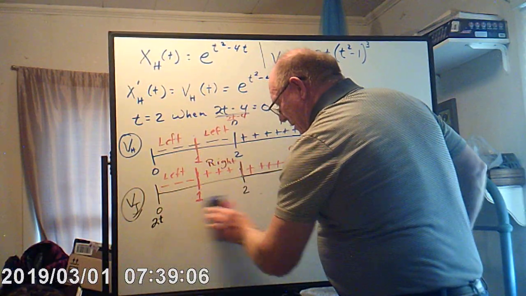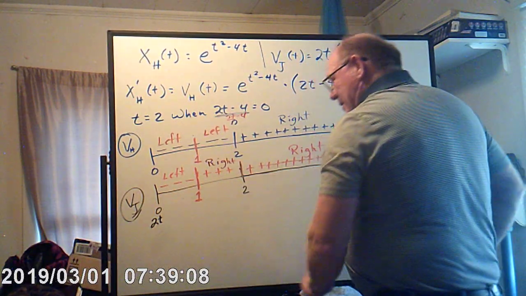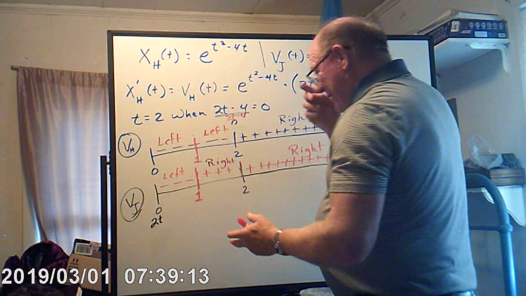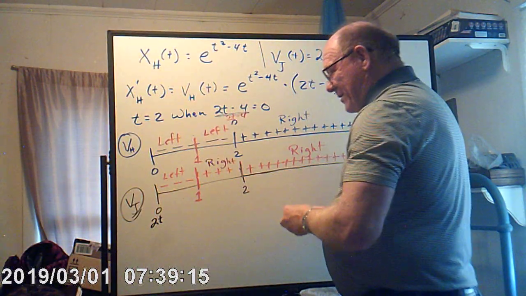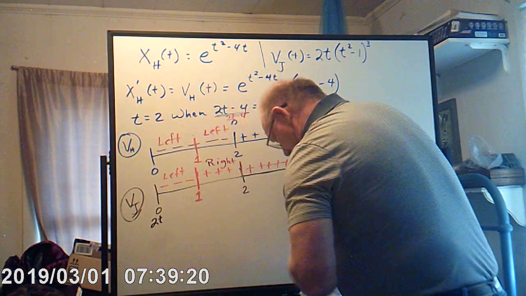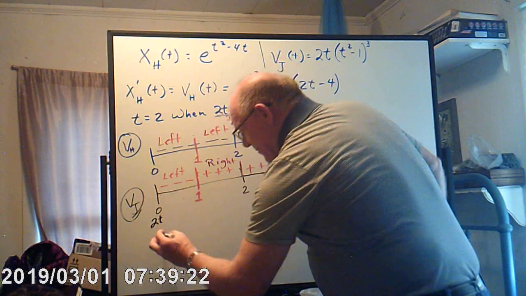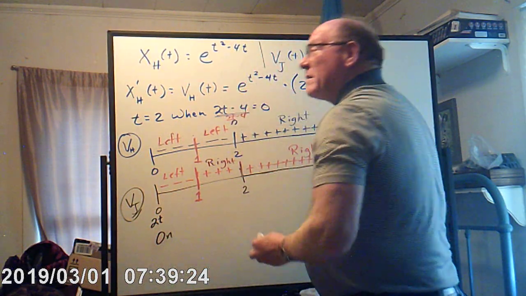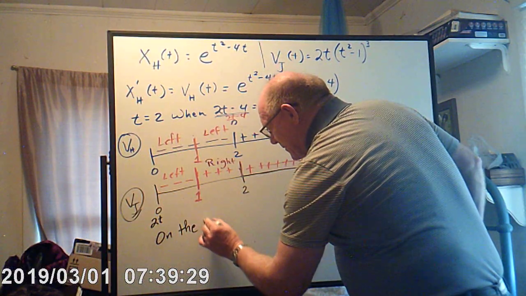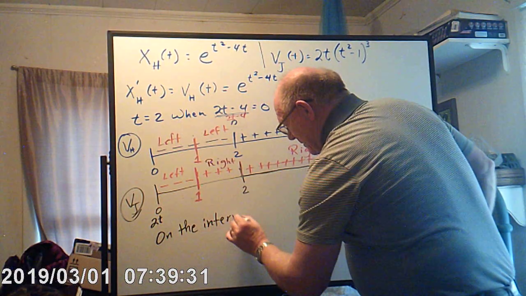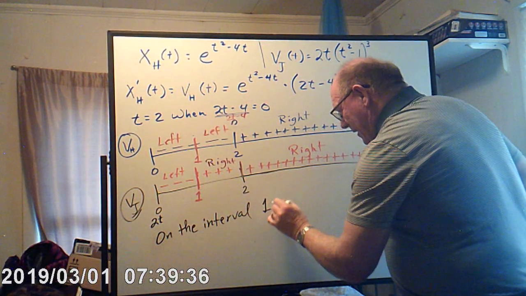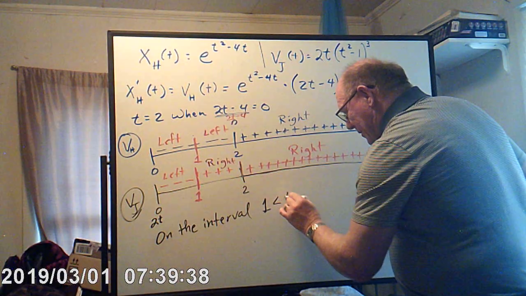On the interval, you've got to say something now. You can't just leave it like this. It looks good, but you need to let them know what you're saying here. So on the interval from 1 to 2, where t is between 1 and 2.